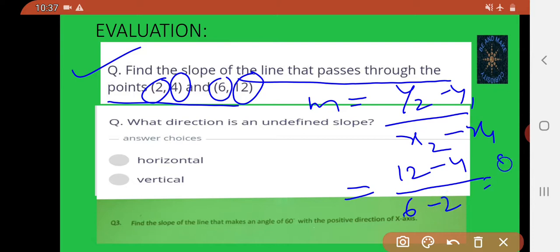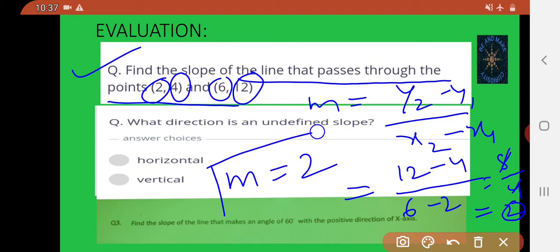So you get 8 by 4. If you cancel, you get 2. So slope m is equal to 2. It is positive, that means the angle made by the line with the positive x-axis is an acute angle.